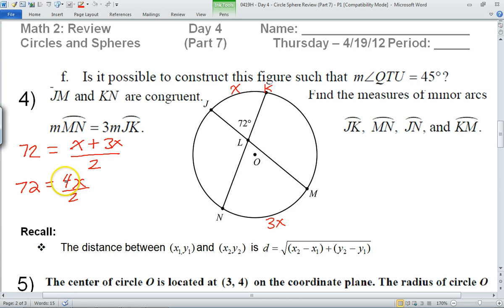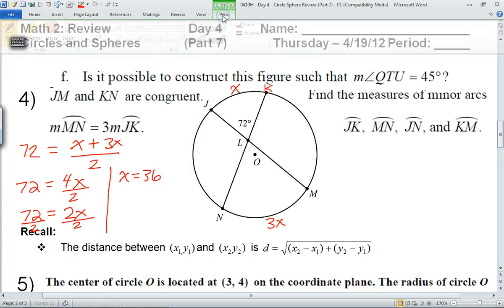Now 2 divides evenly into 4. So let's go ahead and do that. So I'm going to get 72 equals 2x. How am I going to get x by itself now? Yeah, just divide by 2. So here I go, dividing both sides by 2. That gives me x equals 36. x equals 36, you guys.